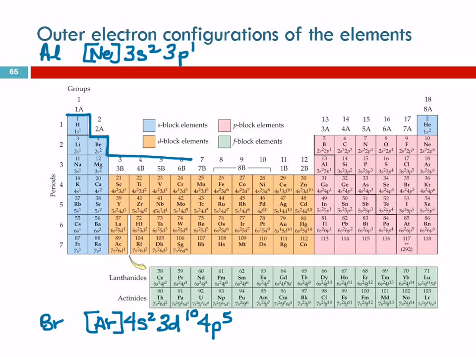So if we're going to do lithium, we could either write it all the way out, 1s2, 2s1, or we could put helium in brackets and 2s1. Because we go from helium with 2 electrons to lithium with 3 electrons. It's this guy plus 1. Aluminum is neon plus 3. 1, 2, 3.